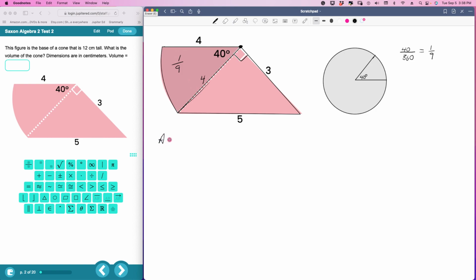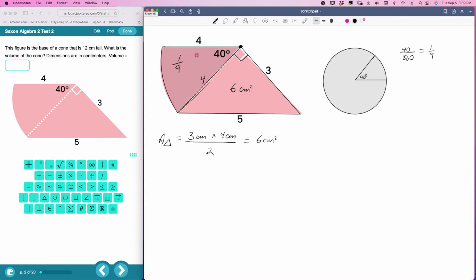The area of the triangle is 3 centimeters times 4 centimeters, because this is the base and this is the height, divided by 2. 3 times 4 is 12, divided by 2 is 6. So this area is 6 centimeters squared.